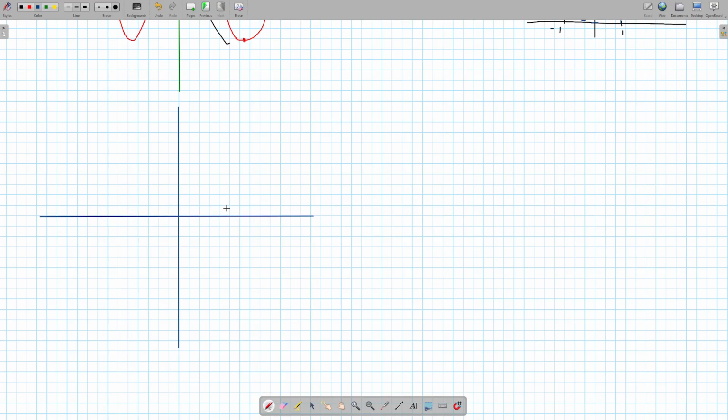Asymptote over here at pi over 2, let's do it in red. Pi over 2 and minus pi over 2 are asymptotes, right? It comes down, and it looks like this. It goes up through the middle and comes back up like this.